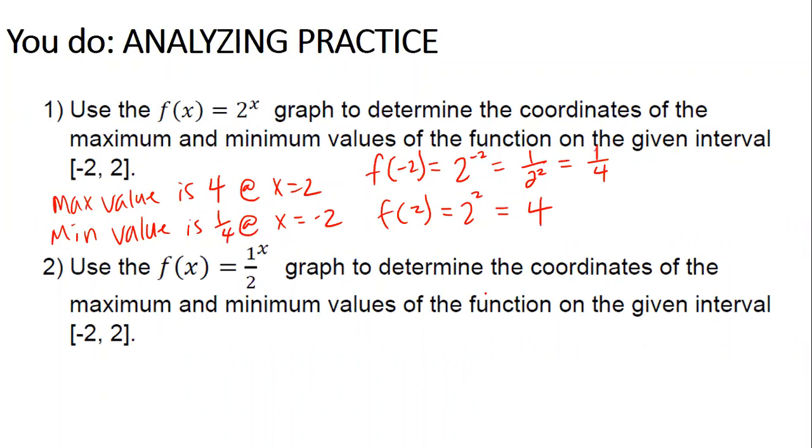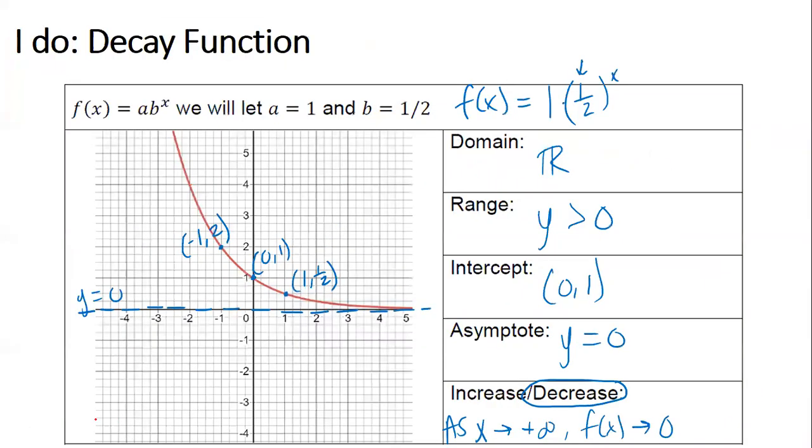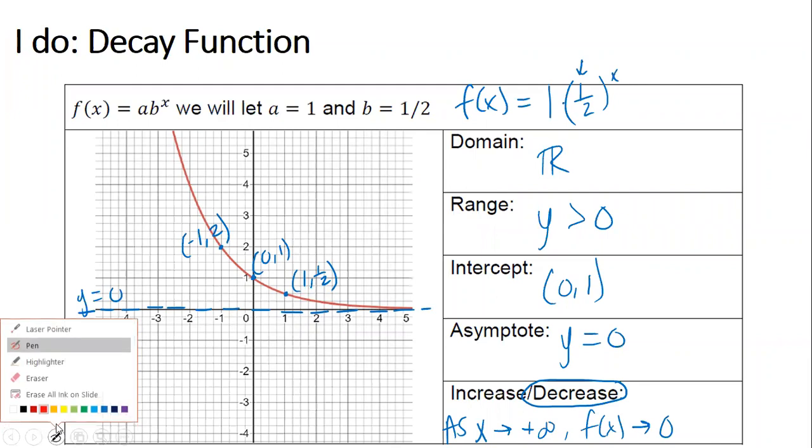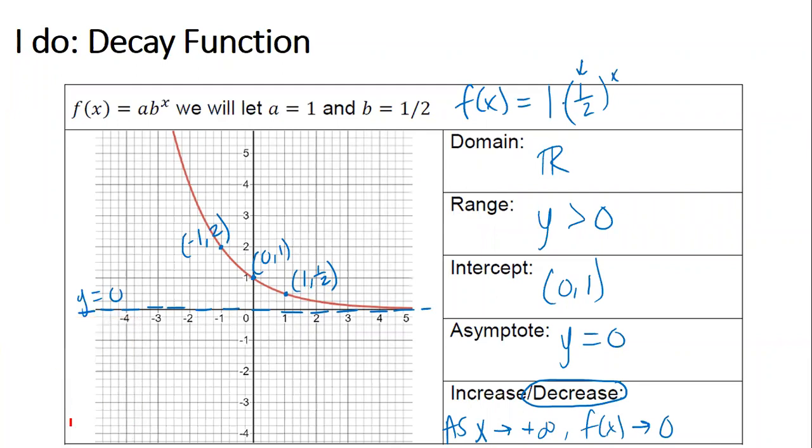So if I have the next graph, f of x equals 1/2 to the x, graph to determine the coordinates. Looking at my decay graph, I want to know where's my max and where's my min. So going back to my decay graph, from -2 to +2 is what I'm analyzing. At -2, I'm at 4.